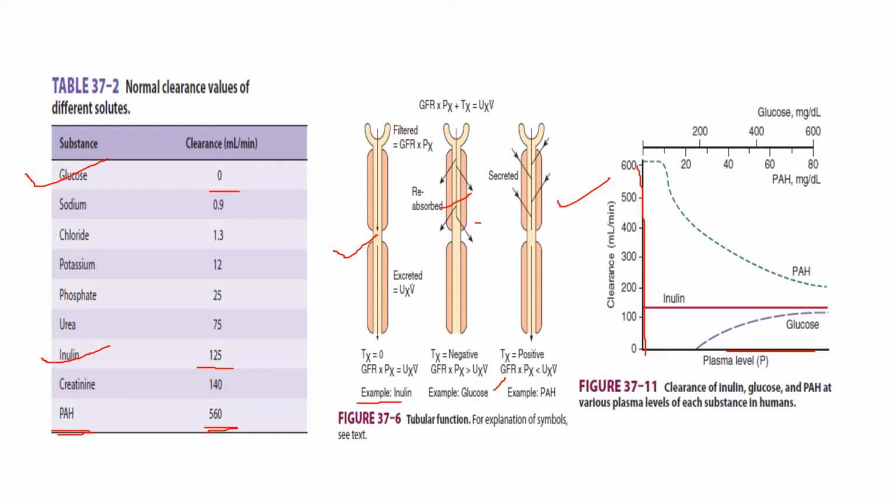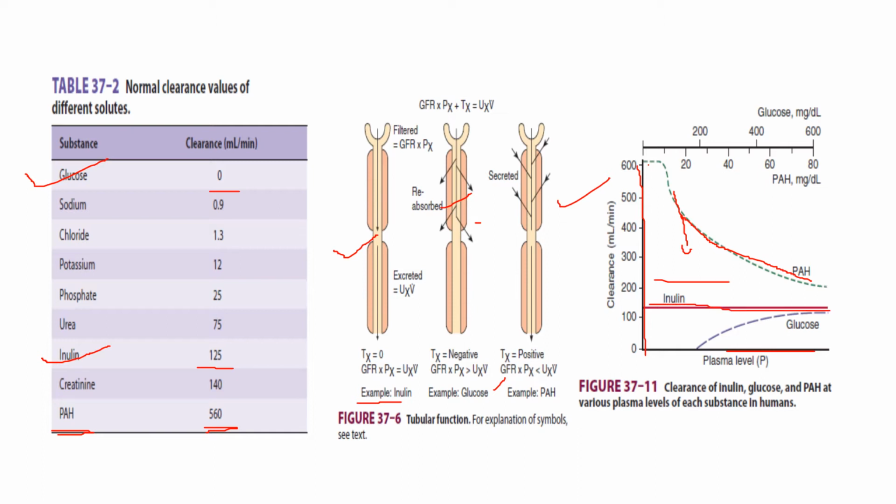But as we gradually increase the plasma concentration, when it rises above the transport maximum of para-aminohippuric acid, there is a fall in its clearance. It falls progressively, and eventually it approaches the clearance of inulin.